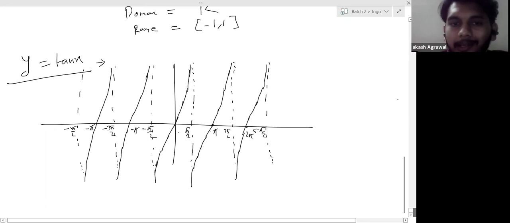All right. At odd multiples of pi by 2, the graph becomes infinite or minus infinite. All right. So the graph is not there, doesn't exist. So domain will be all real numbers except odd multiples of pi by 2.